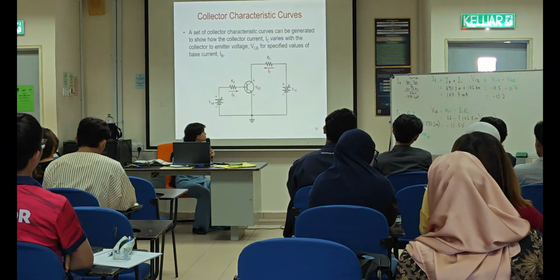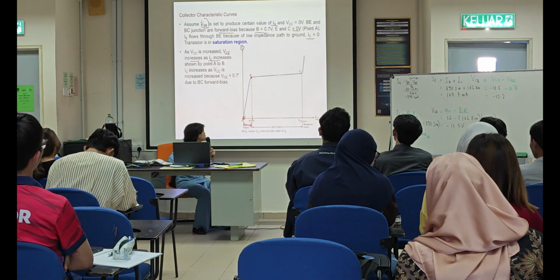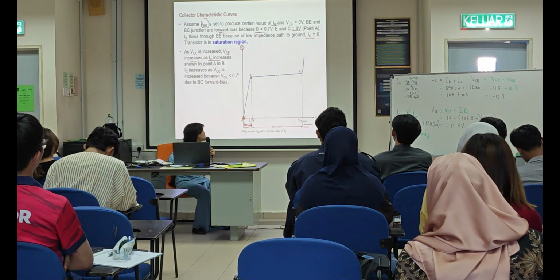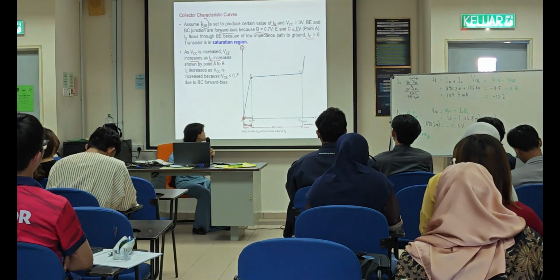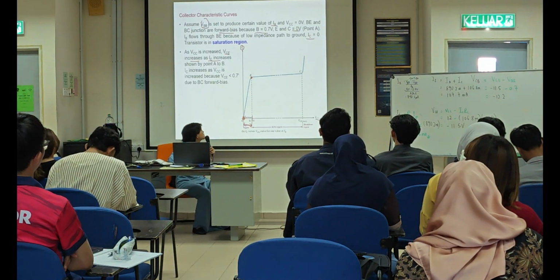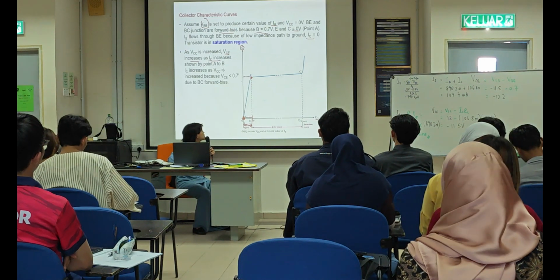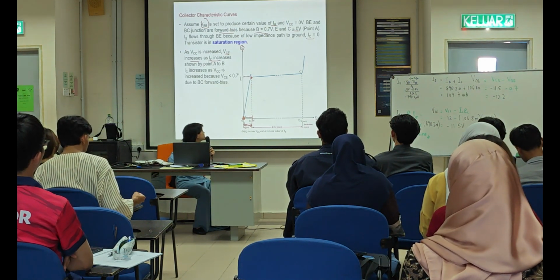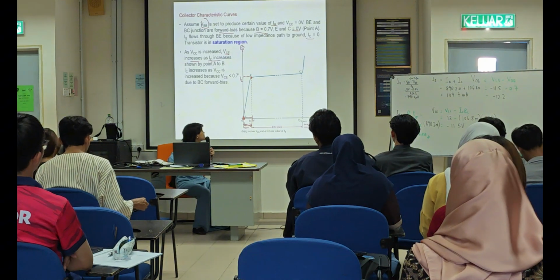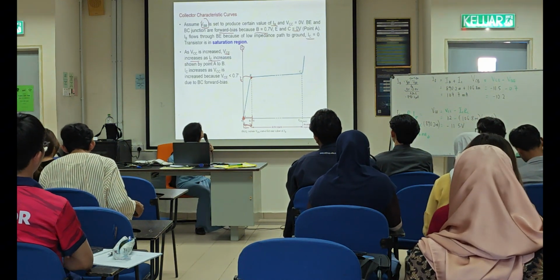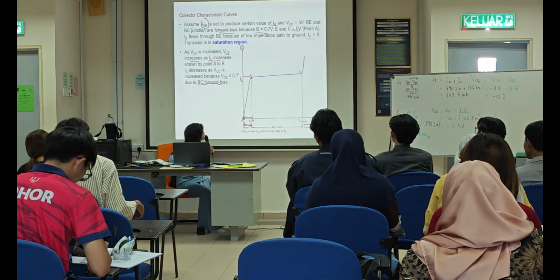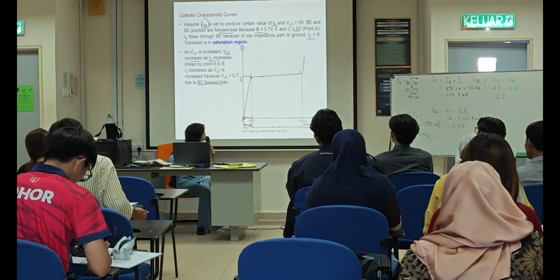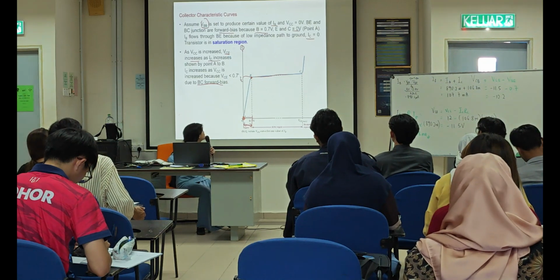When I give the value 0.1, 0.2, until more than 0.7, the voltage goes up and the current also increases. So this one is the current IC, which also increases. When it goes beyond this point, more than 0.7, because BC is forward biased, the curve becomes flat. No more increase of IC.